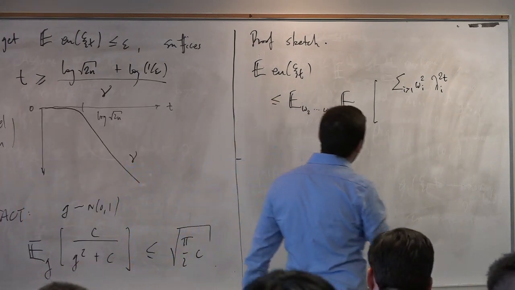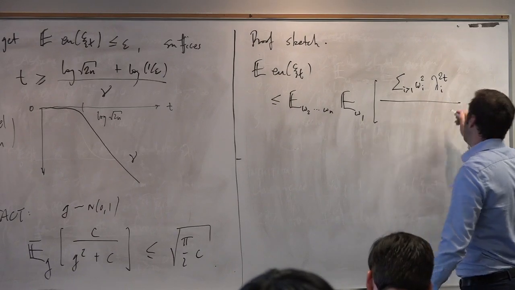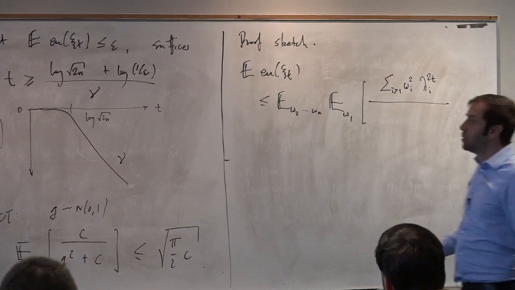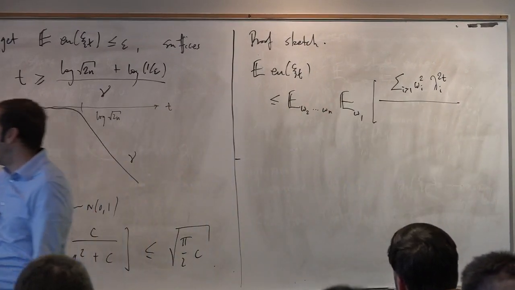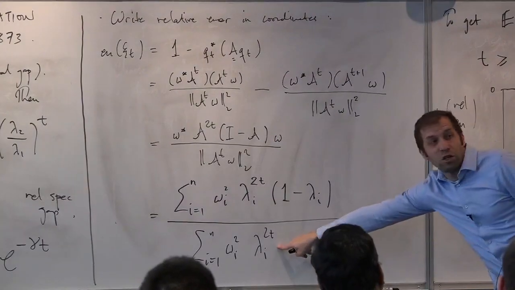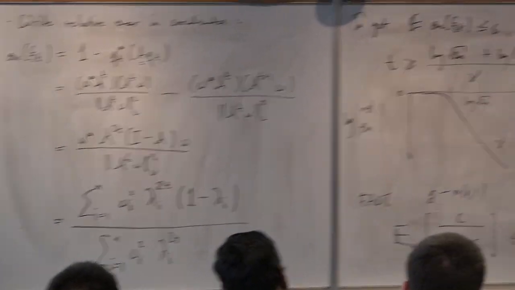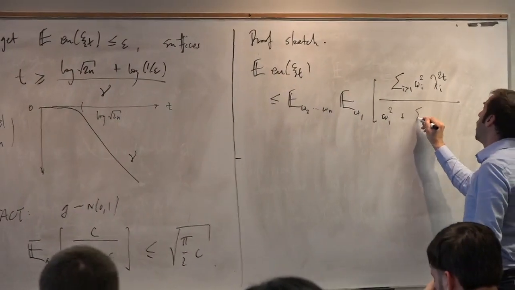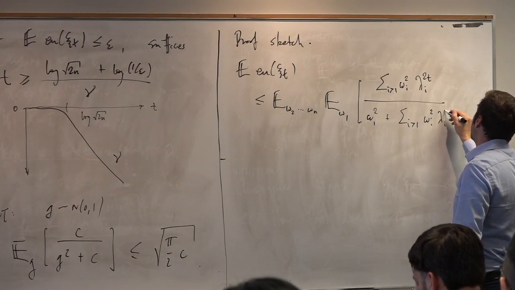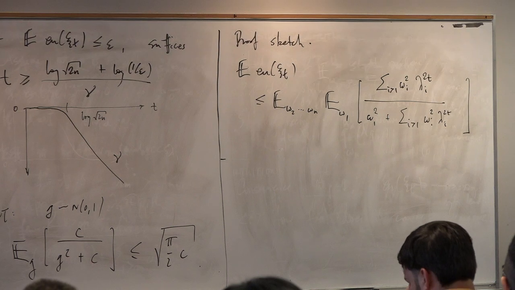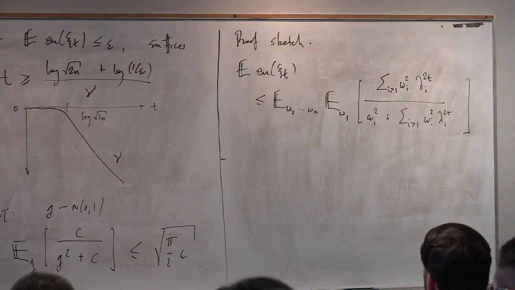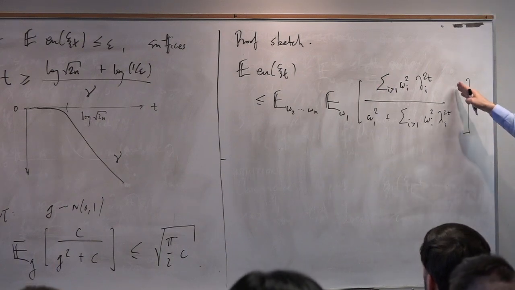I used it to kill the first term in the sum, and then I don't need it anymore. In the denominator, I'm going to pull off the first term, omega 1 squared, which has a 1 attached to it. Omega 1 squared. And now I have the sum from i greater than 1 of omega i squared lambda i to the 2t. So this is just a simplification of my exact formula for the relative error, where I've made some estimates.